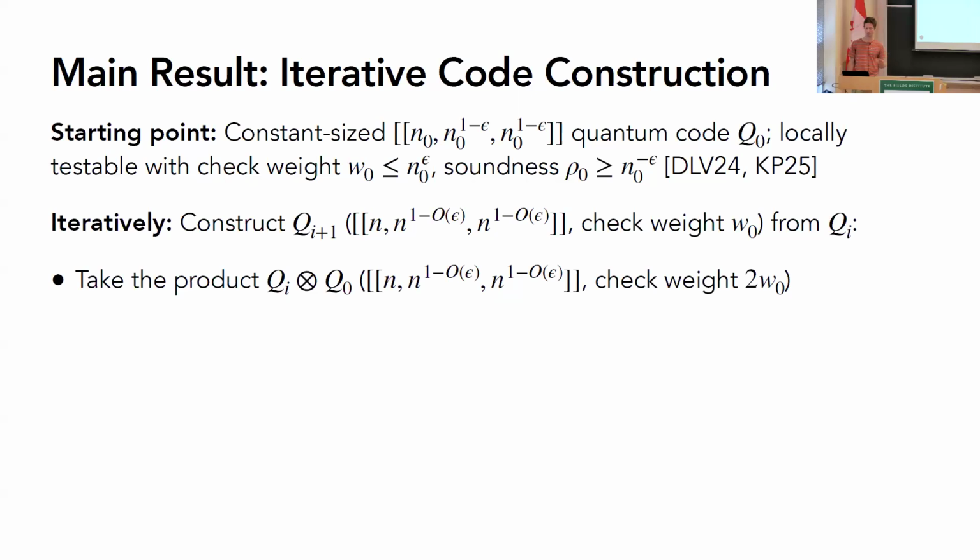So it'll increase all three parameters, but it will roughly double the check weight. And then we apply this known check weight reduction procedure by Hastings from a couple of years ago, which can reduce the check weight back from 2w naught down to w naught. And when we repeat, we get our infinite family of almost linear distance and dimension quantum LDPC codes.